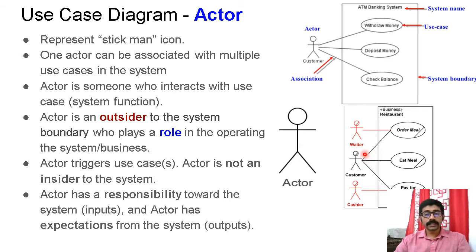An actor should be an outsider. So if you consider the waiter as an actor, it is a wrong assumption. The waiter is already involved in the system itself, and the cashier is also an insider to the system. So while identifying the actor, we have to take care of this point. An ideal actor is an outsider to the system. He should be outside the system boundary.